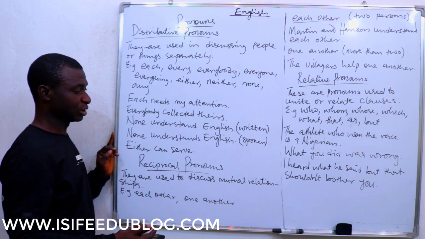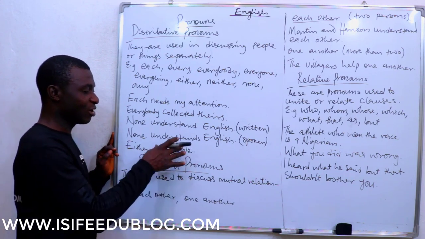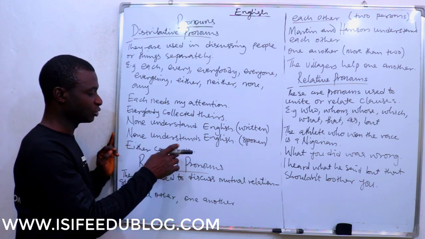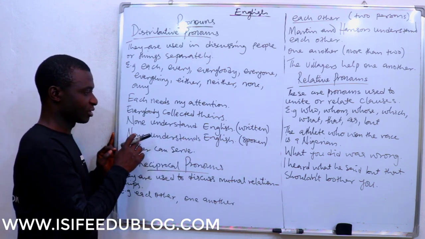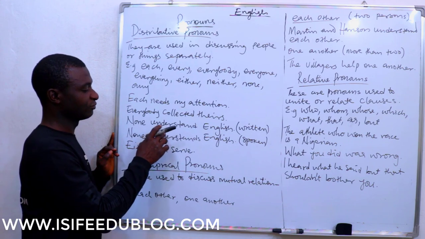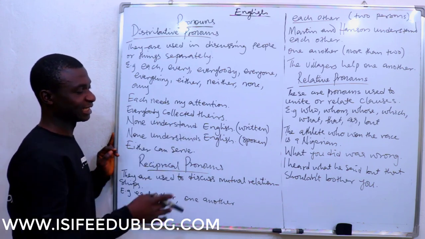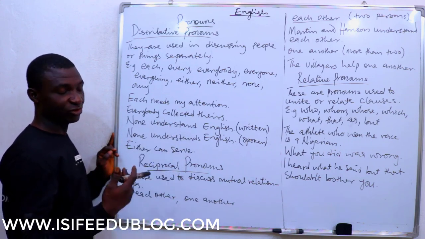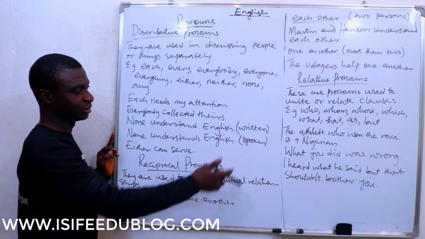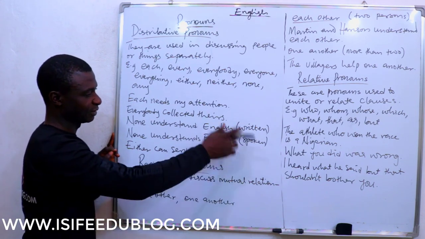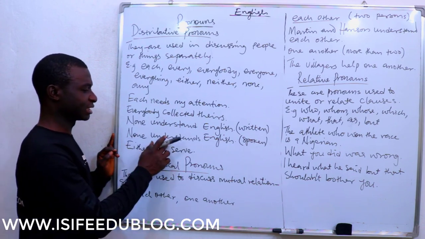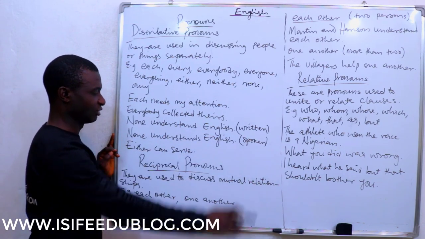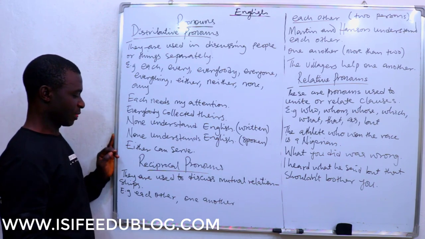These two can go, but more natural is the use of a singular verb with none. And so the use of the plural verb is taken as strictly formal, in other words, in written English. That's why I have given these two examples. So none understands English is correct in informal language.